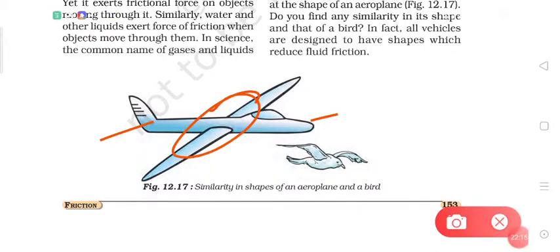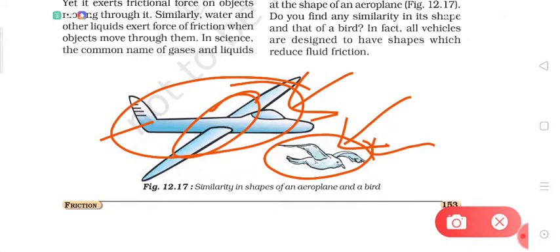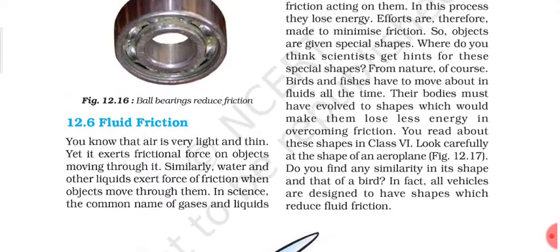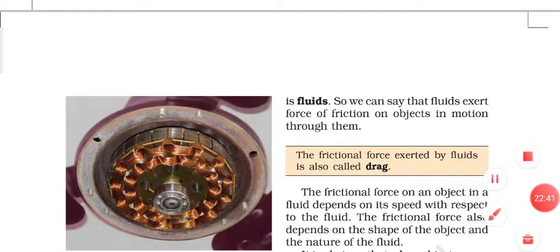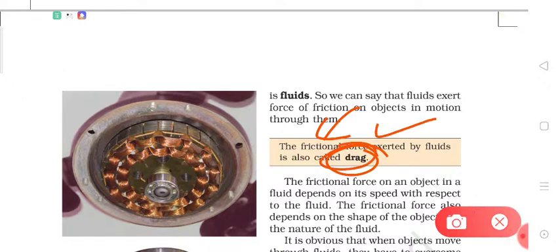Such a shape reduces the fluid friction or helps in overcoming it. The idea for making a streamlined shape comes from nature, as you can see that birds and fishes already have a streamlined shape, which makes it easier to overcome the fluid friction. The fluid friction is also called drag, meaning the friction applied by gas or liquid is also called drag, and this can be overcome by a streamlined shape.